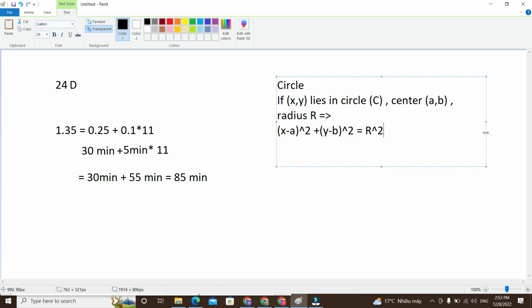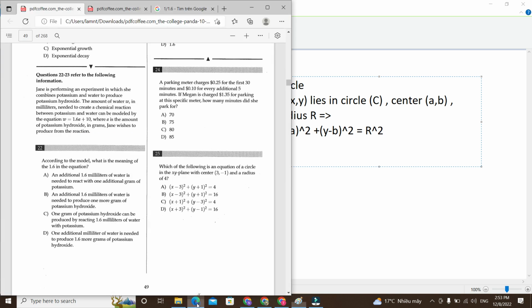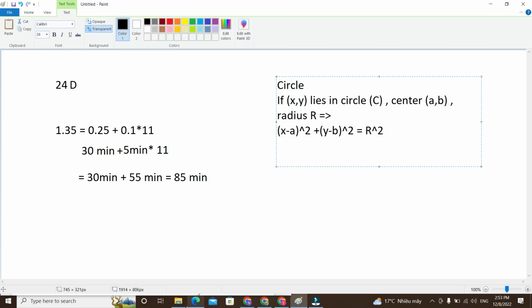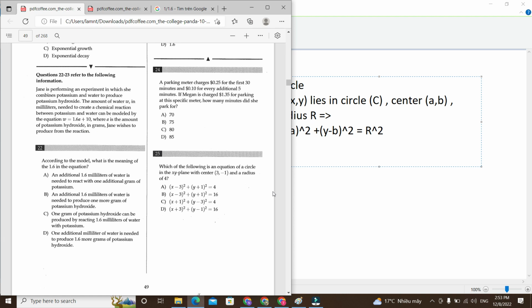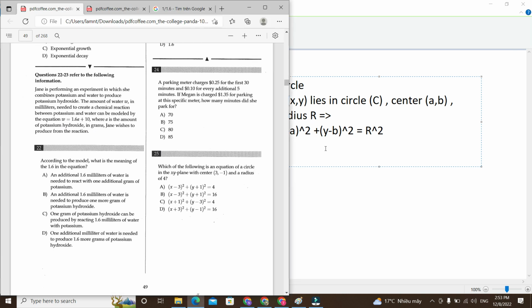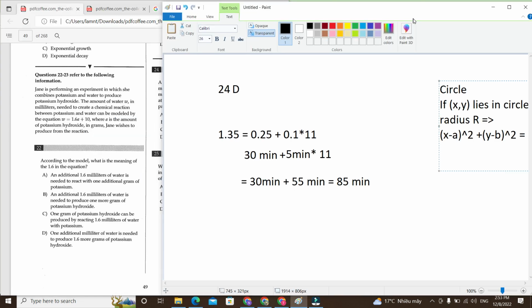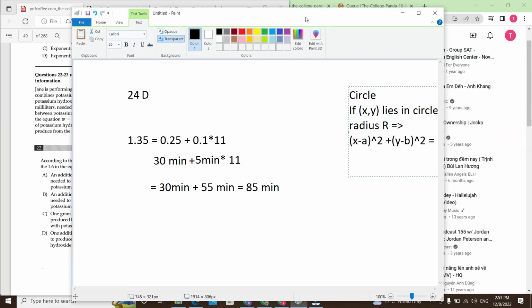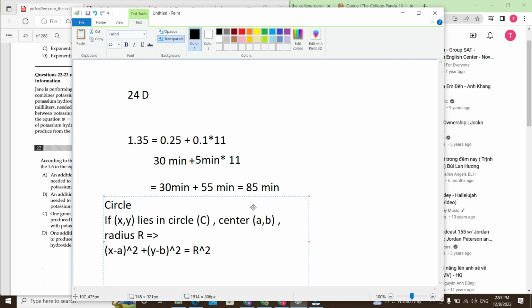If (x, y) lies in the circle C, center (a, b), radius r, then (x minus a) squared plus (y minus b) squared is equal to r squared. We know that the circle has the center of (3, minus 1) and the radius of 4. So we just have to plug in.